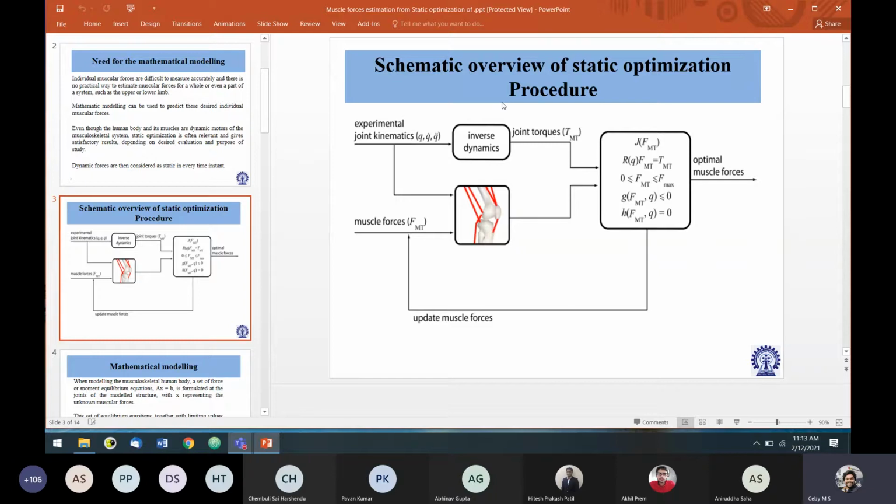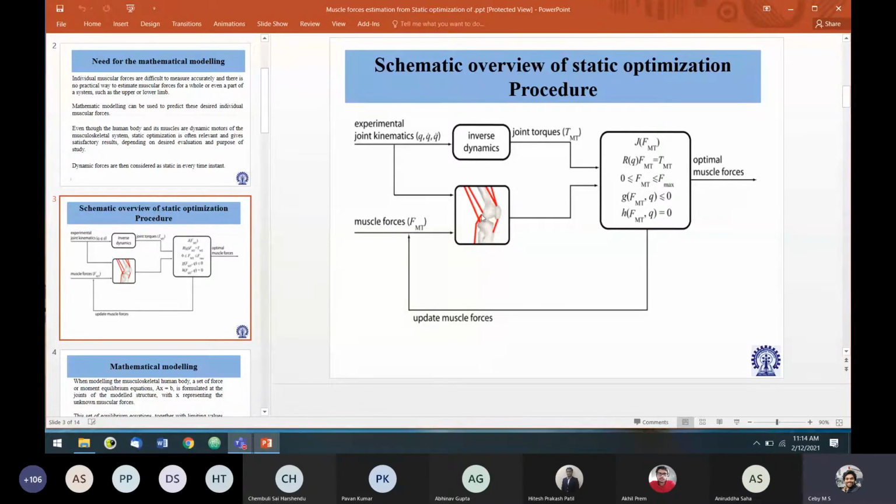There are a lot of iteration techniques. Simplex method, gradient descent method, Newton-Raphson, Gauss-Seidel. Okay, that's good.